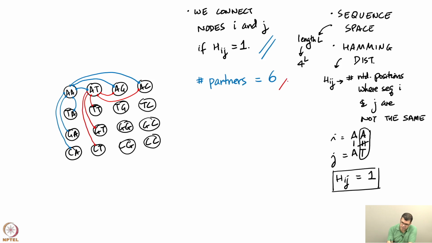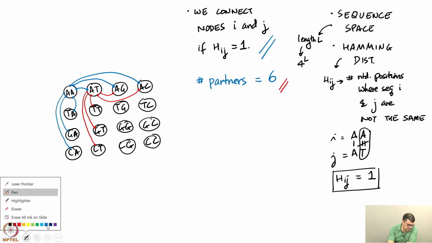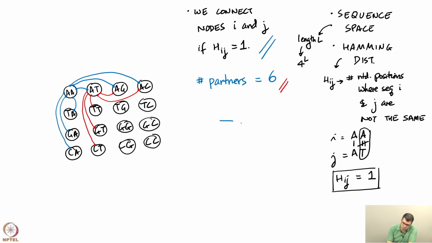So every node will have 6 partners, and the way we get that is because length is equal to 2. If I have any sequence, let us say AA, and I am looking at Hamming distance 1 partners, I can only mutate one position. I can't mutate both positions, because then Hamming distance becomes 2. So for Hamming distance 1, I can only mutate one of the 2 positions.